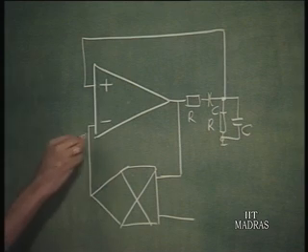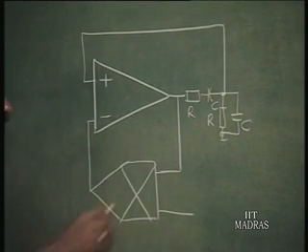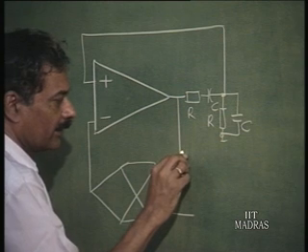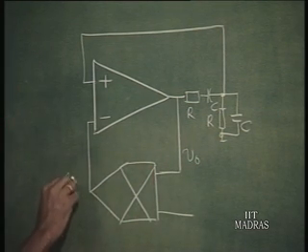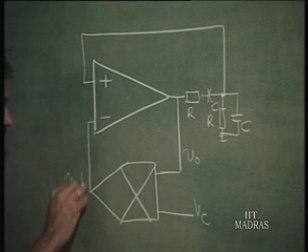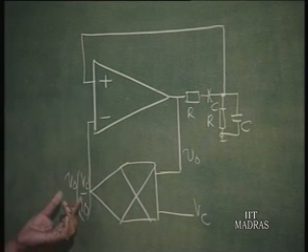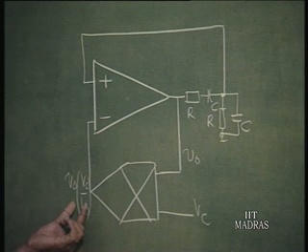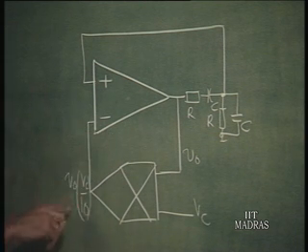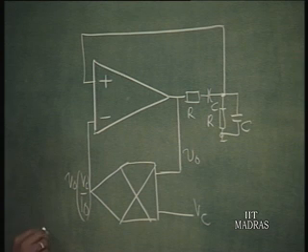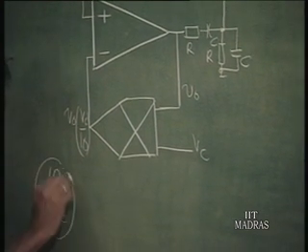So, the beta of the network is determined by the multiplier. In fact, if this is V naught, this is going to be V naught into Vc by 10. So, the gain depends upon the beta factor, which is Vc by 10, and therefore, since the gain of the amplifier is 1 over beta, the gain of the amplifier is 10 by Vc.